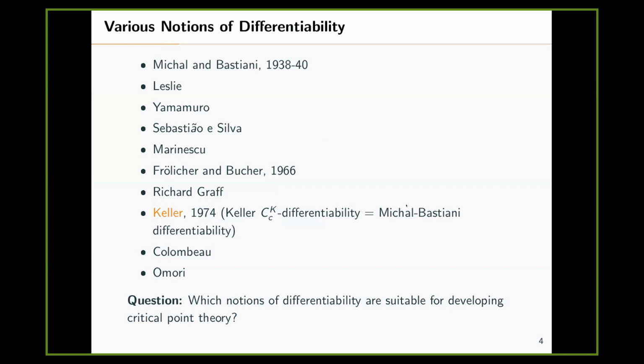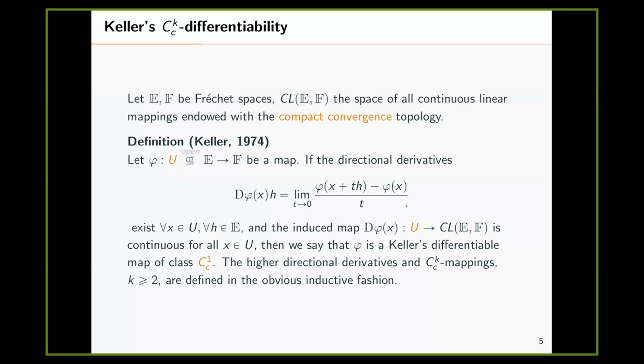Now I briefly introduce what this differentiability is. It was defined in the mid-70s by Keller for general locally convex spaces. Here is the simplified version for Fréchet spaces, where we consider the topology of compact convergence on the space of continuous linear mappings.